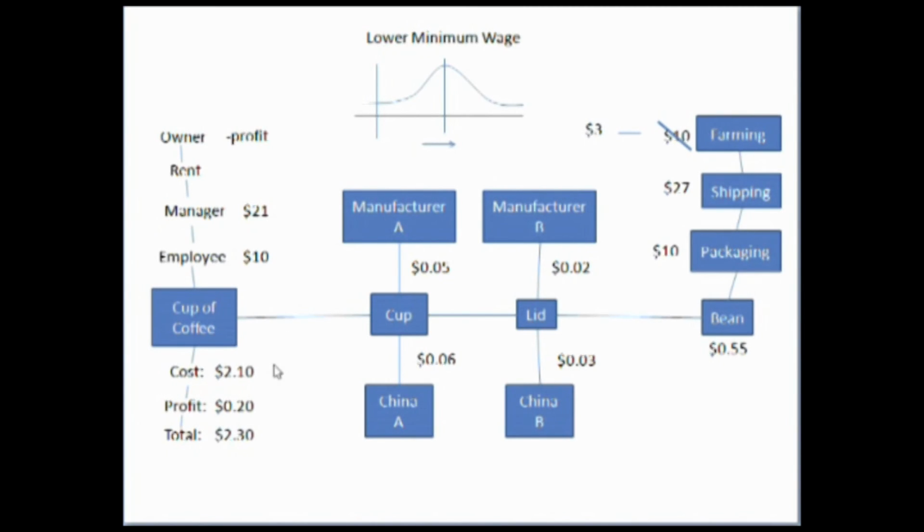But when the cost of coffee has gone from $2.90 all the way back down to $2.30, and eventually back down to $2.20, the people that are making less will say, well, the stuff I'm buying doesn't cost as much anymore. It takes a while, and it'll take several increments of stepping down minimum wage to get it to a point where this cup of coffee ends up costing 30 cents.